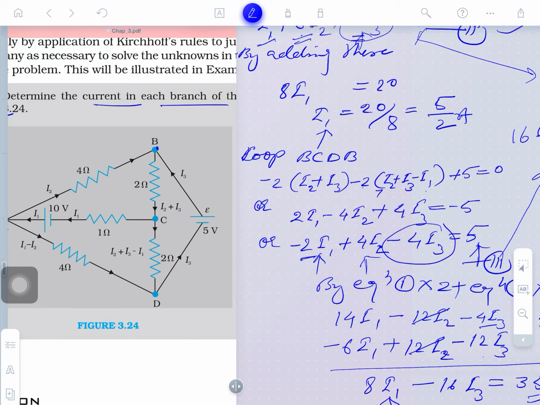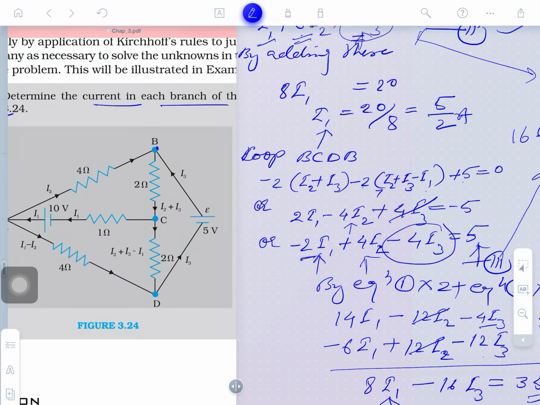And here we are moving plus 2 minus plus 5 is there. It is correct. Minus 2 of I1 plus 2 of I1, correct. Minus 2 of I2, minus 4 of I2, correct. Minus 2 of I3, minus 2 of I3. So 4 of I3, no. Minus, it will be cancelled here.